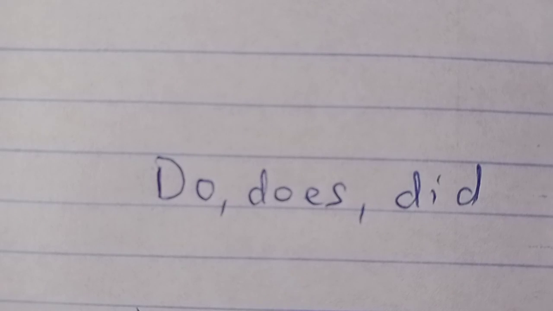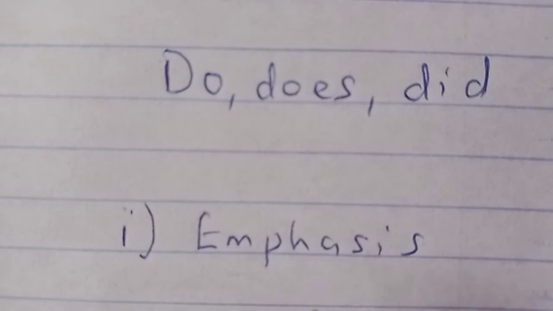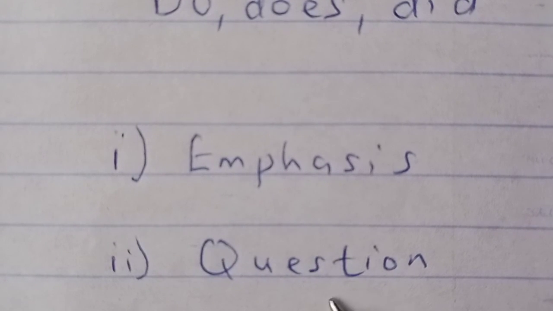And the auxiliary verb do, as we've learned, can either be used for emphasis to accentuate the main verb, as we've learned previously. Okay, I do eat rice. Or it can be used to form a question. Okay, do you eat rice?